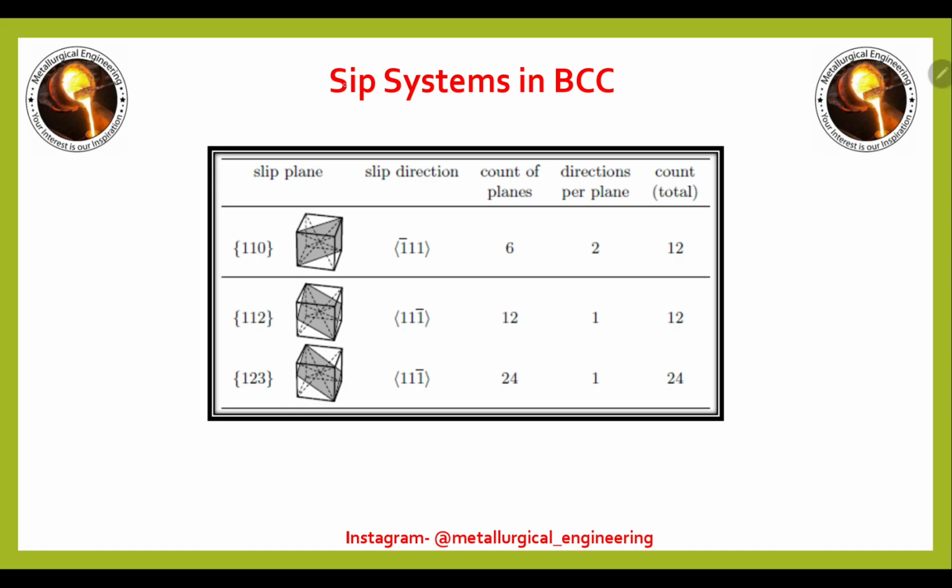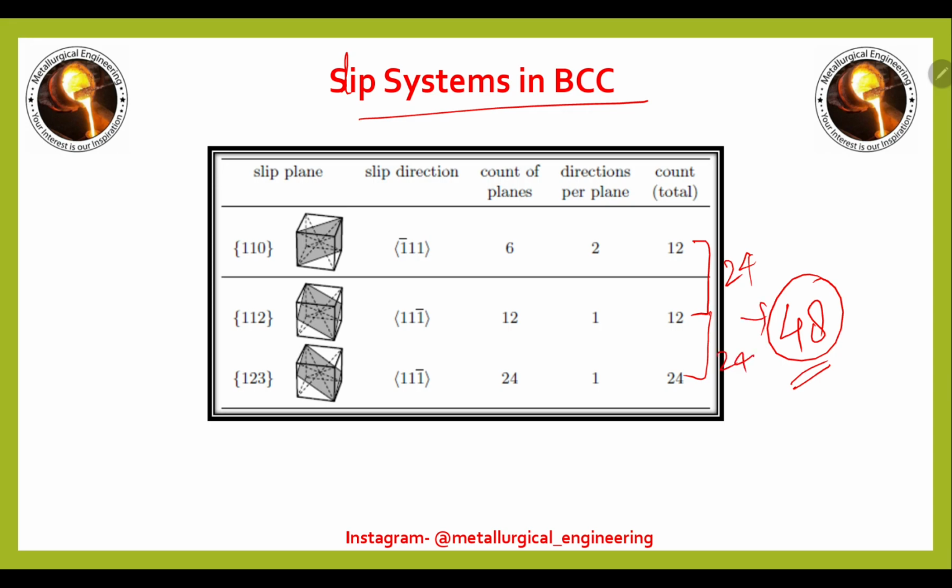Okay, here also a mistake: slip systems in the case of BCC. In BCC we have a total of 48 slip systems. This is 12 plus 12, 24, and this again, which gives you 48. The slip planes are the family of 110 planes, family of 112 planes, and family of 123 planes.